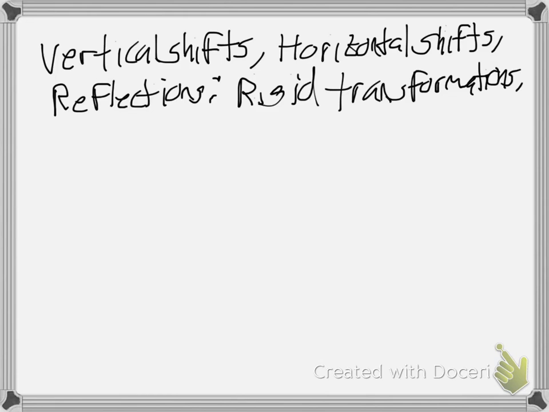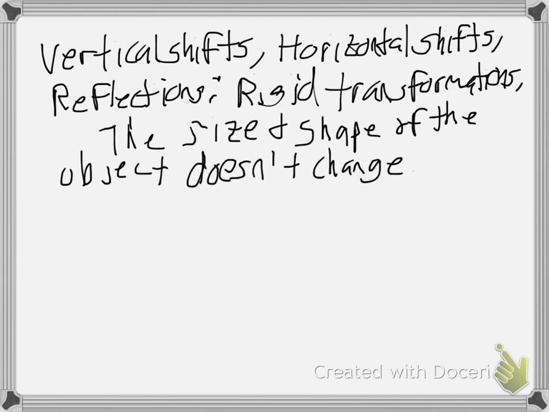That means that the size and shape of the object does not change. Okay? The size, it's a horrible S, I know, and shape of the object doesn't change. Now, there are also transformations. Again, this is a lot of geometry, and a little bit of algebra too, that I'm throwing in here.